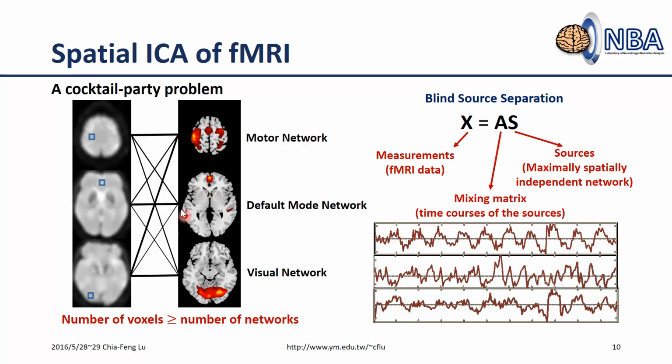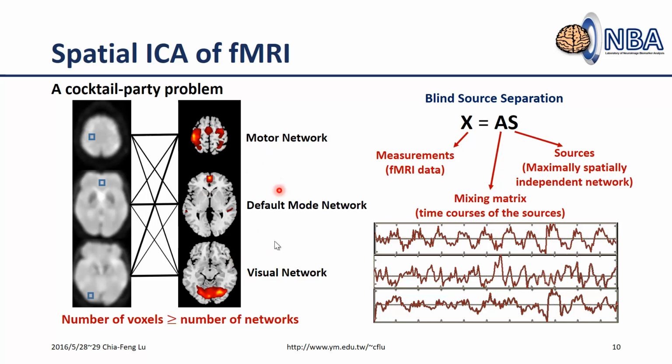As you can see, if we can reconstruct three networks here, this is the motor network in the upper slice, the default mode network, which is the medial prefrontal cortex here, and the visual network, more likely located in the occipital cortex. So we have three non-overlapping, spatially independent networks.